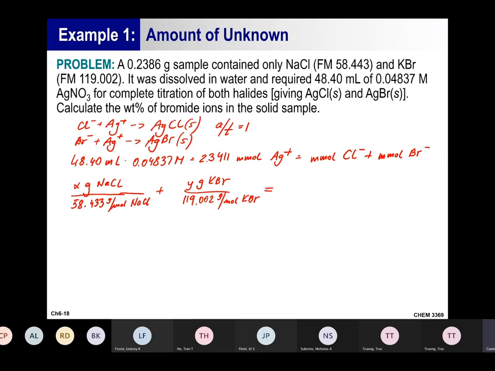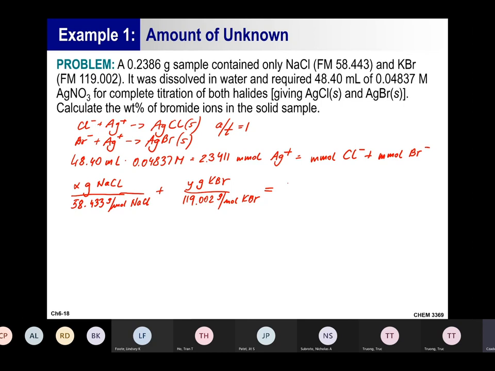Okay, so I have moles of NaCl plus moles of KBr, which translates into moles of Cl minus plus moles of Br minus, right? But from my titration, I know that when I add up these moles of Cl minus and Br minus, I'm going to get moles of silver plus in the titration, right?